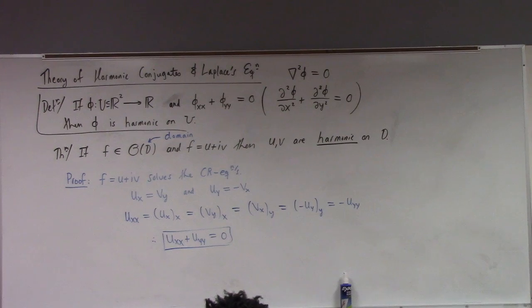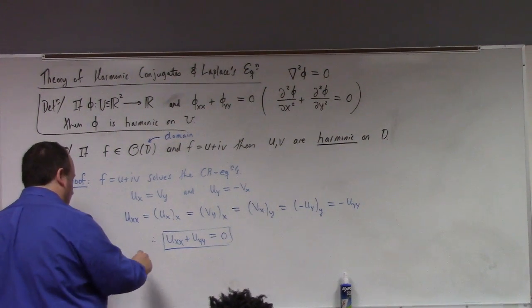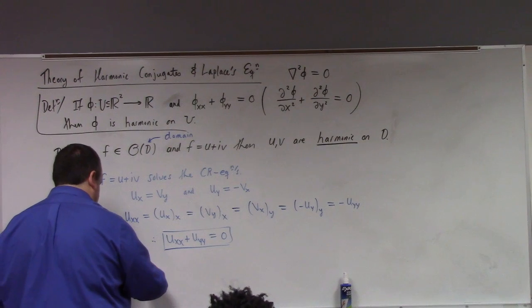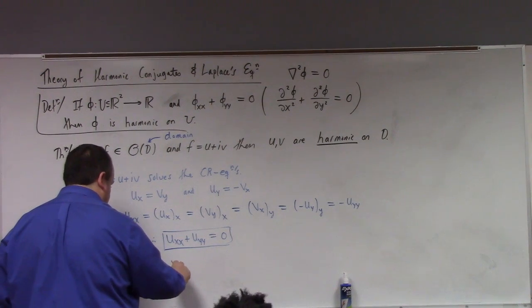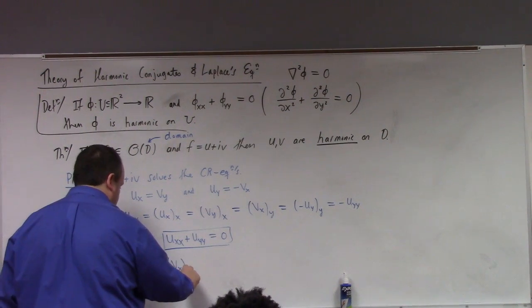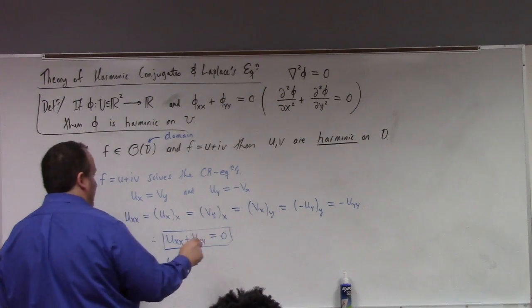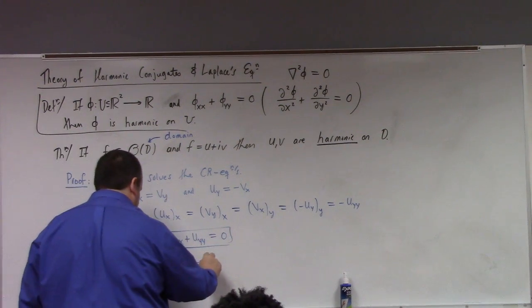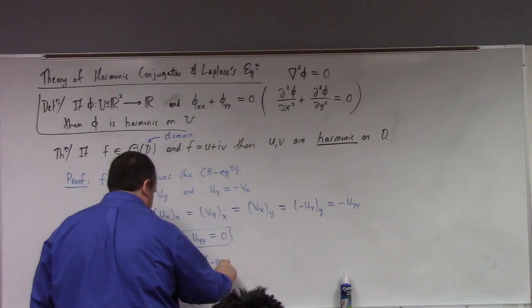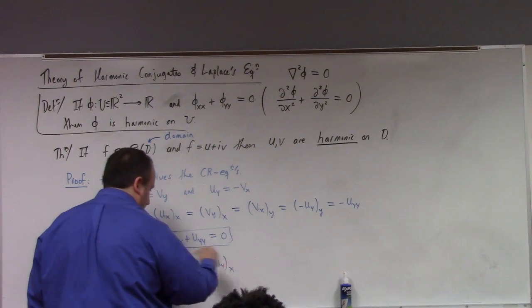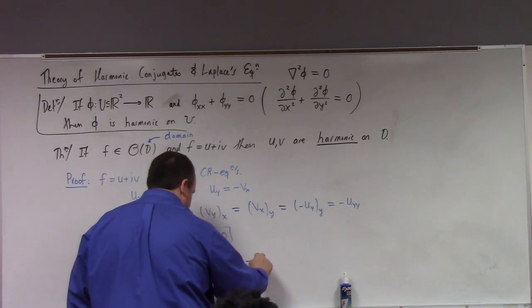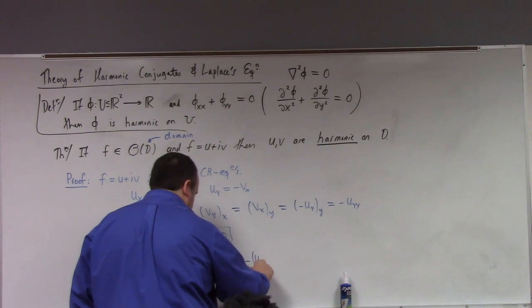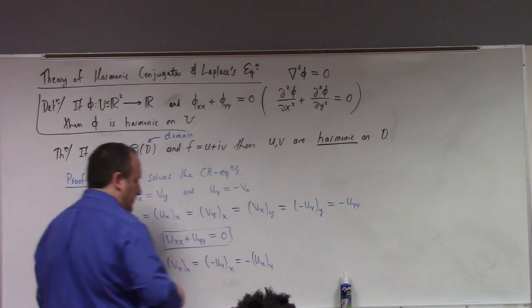A very similar calculation can be done for v, right? So if we start with vxx, what do we get? So we have vxx is vx, the x derivative of that. And I can trade my vx for a minus uy. Pull the minus out and flip the derivatives, because partial derivatives commute.